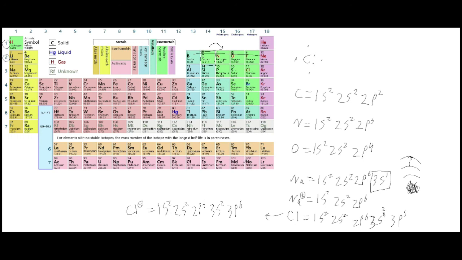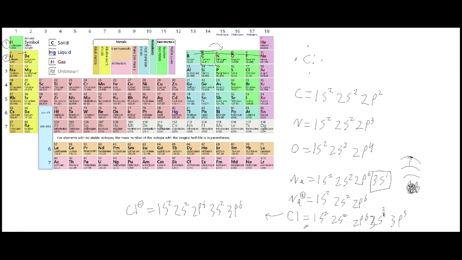So quite often when writing these electron configurations, once you start getting up here in these really high numbers, you have a really large electron configuration. A way you can shorthand it is, let's say you were going to write chlorine, not the chloride, but the chlorine down here.